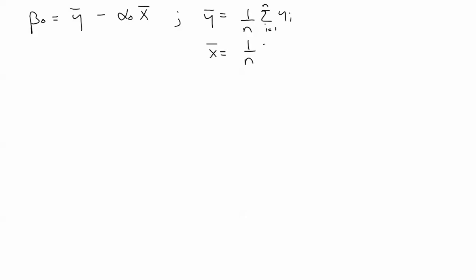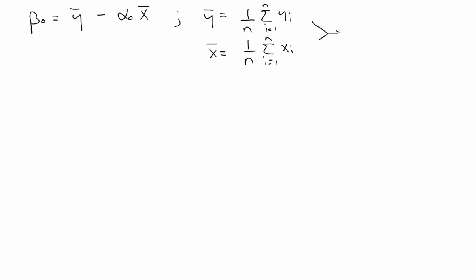What we find is that beta naught equals y bar minus alpha naught x bar, where y bar equals 1 over n times the summation i equals 1 to n of y_i, and x bar equals 1 over n summation i equals 1 to n of x sub i.